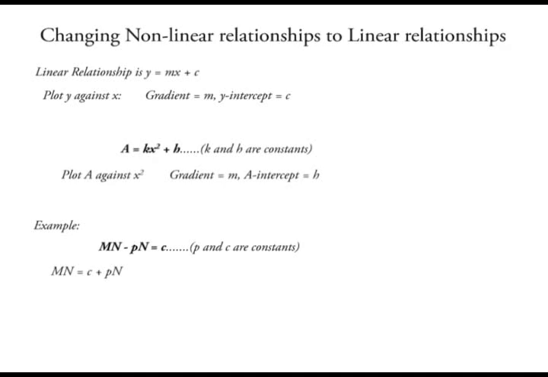Dividing both sides by n, m = c/n + p. This is the same as m = c × (1/n) + p. That relates to y = mx + c. We plot m against 1/n. c will be the gradient, the m-intercept will be p.